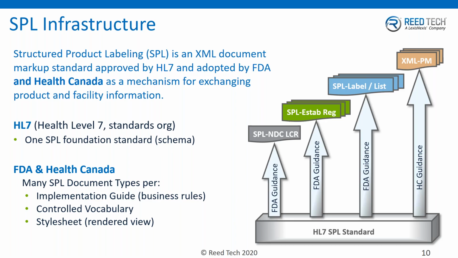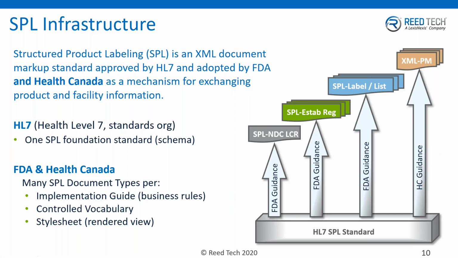So that XML product monograph in the upper right there is generated with the very same underlying schema or standard that FDA uses, but the guidances are generating a different document and present a different type of content.